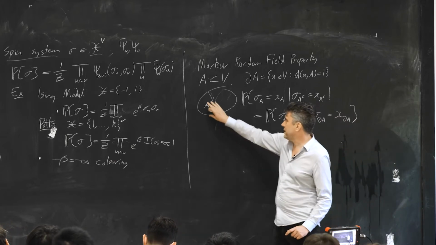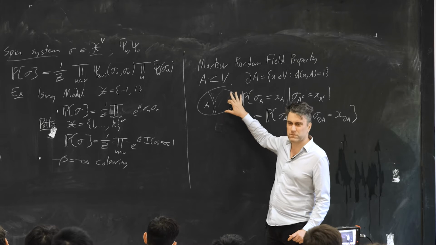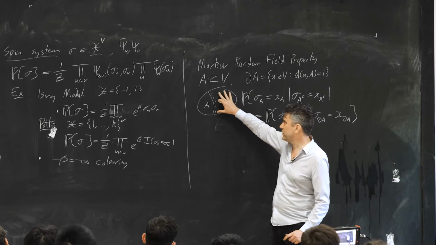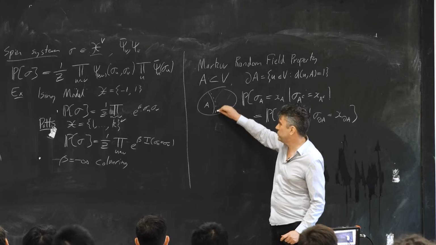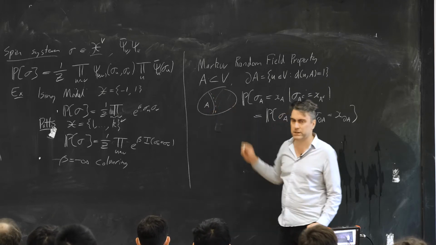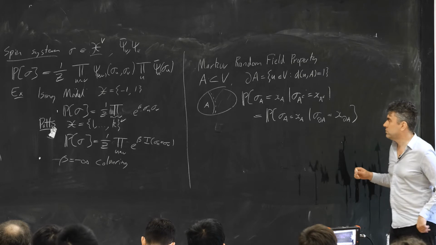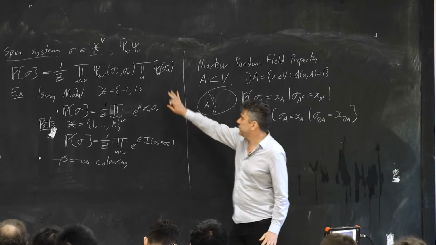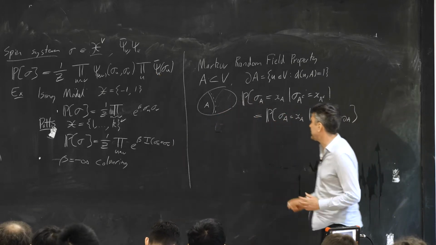So in order to understand what's the effect of the configuration in the rest of the graph, it's enough just to know the values on the boundary of A. And this is true for any of these spin systems, in this case colorings.